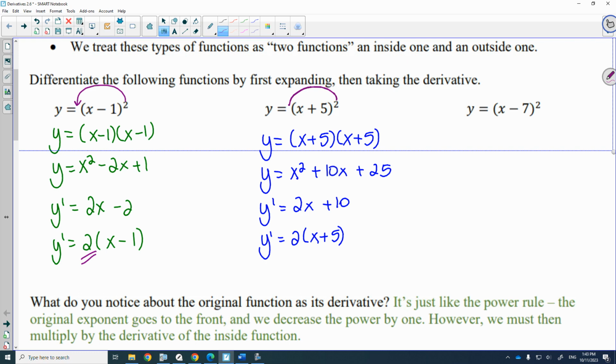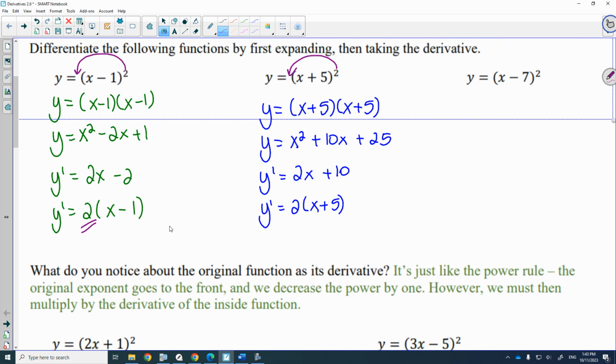And what I want you to actually add is there's going to be a number when I teach you the chain rule, and there's going to be a 1 for this one, and there's actually going to be a 1 for this one. 2 times 1 is just 2, so I don't need to write this 1, but it will be there, okay? So following the pattern, we're probably going to have a 2 in front, and then we're going to have an x minus 7, and then this 1 that we don't really know about just yet.